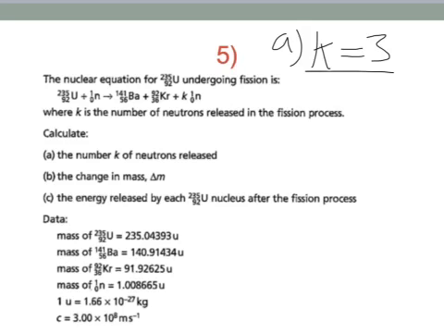B, the change of mass delta M. Now we just simply have to take these figures here, the mass of the uranium nucleus plus a single neutron on the left hand side, and we have to take away the addition of the barium mass, the krypton mass, and 3 more of these neutrons on the right hand side.